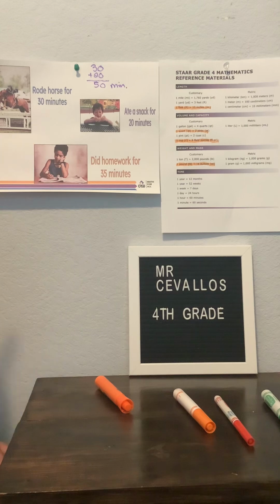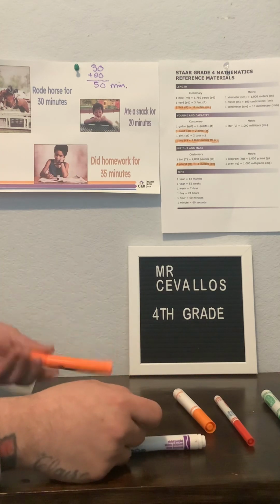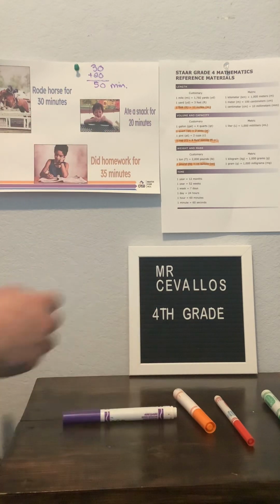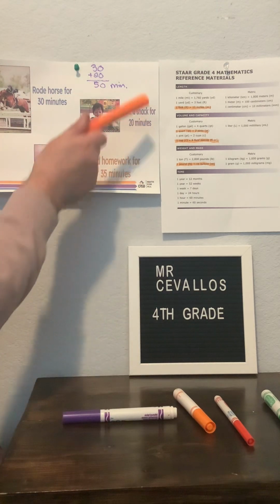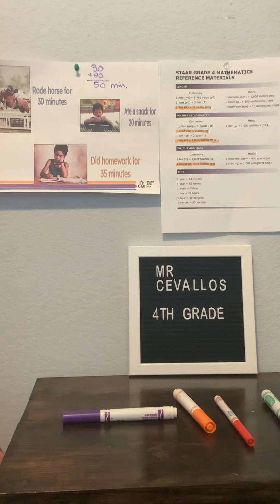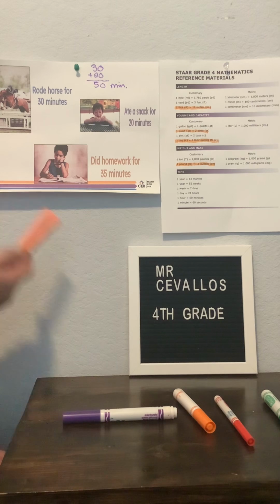I don't know. But you know what can help me? Looking at my star chart. And because we're talking about time, fortunately, I can go all the way down to where it literally says time. And I'm going to look for the units that I'm working with. And the units I'm working with today are minutes. And so I see a couple of them.